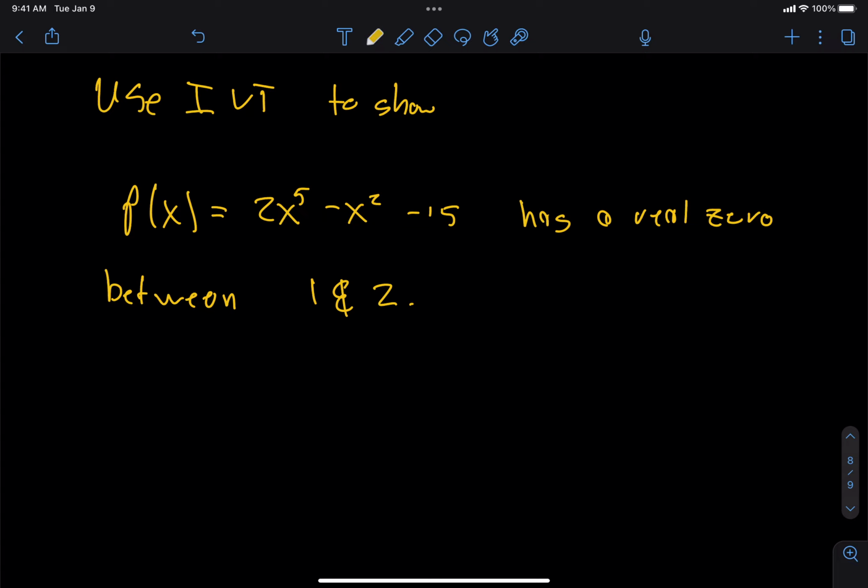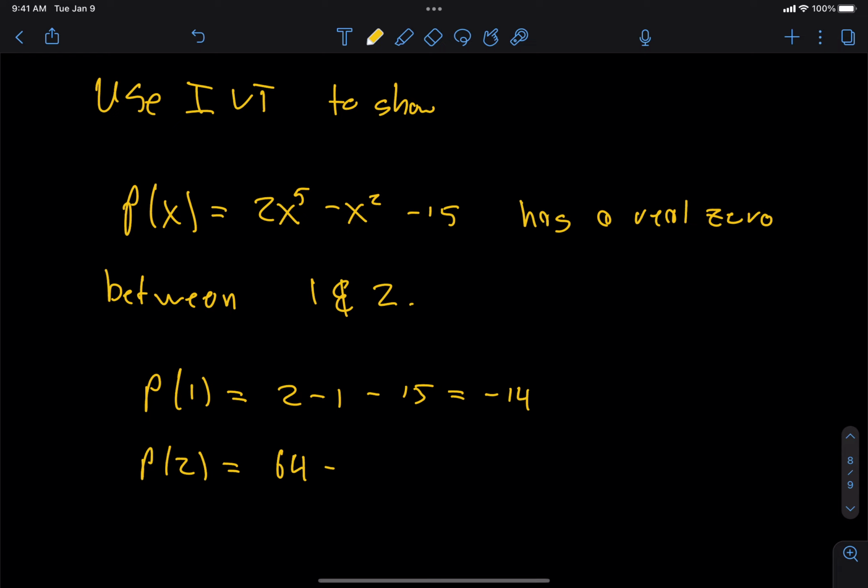So all I'm going to do here is plug in p of 1. What do I get? 2 minus 1 minus 15 is 1 minus 15, which is negative 14. Then p of 2 is going to be 64. 2 to the 4 is 16, so 2 to the 5 is 32, so 2 times 32 is 64.